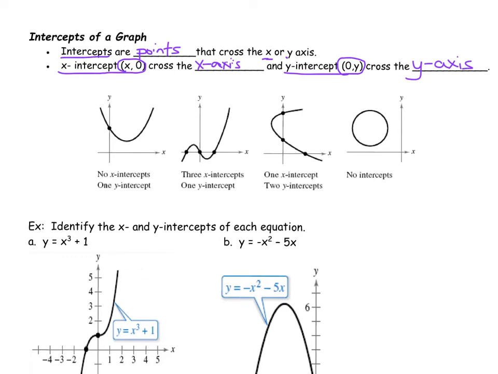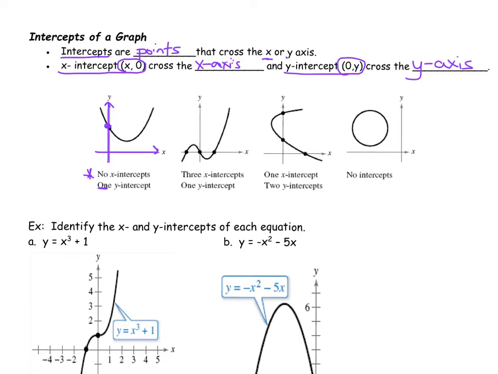Given graphs might have none of these, maybe one of each, maybe two of one or the other. It just depends on what the graph looks like. Recognizing that the x-axis is always that horizontal and the y-axis is the vertical, notice there's only one y-intercept here, and there aren't any x-intercepts at all.